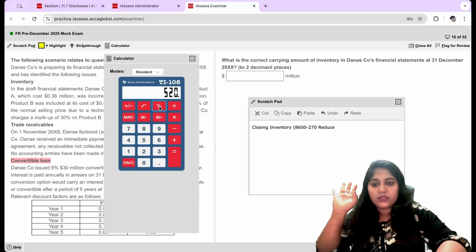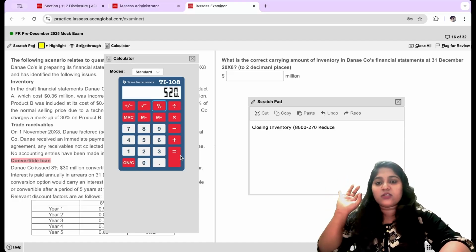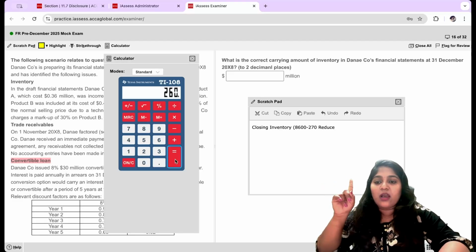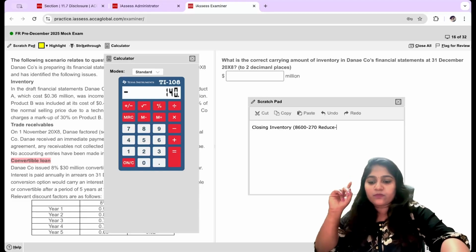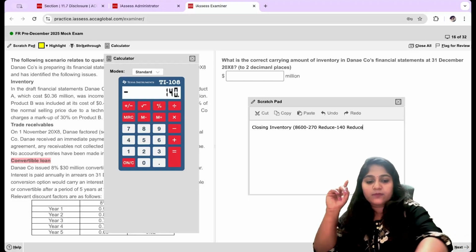You add 30% to it. It is sold for $520,000. That is 0.52 million. But because of this condition, I can only sell it for half of it, which will be 260. My NRV is 260, my cost is 400, but I recorded at 400. It's my job to reduce the remaining part, 140. So I will reduce the remaining 140.